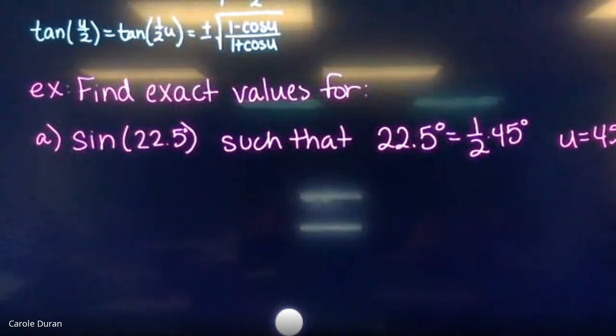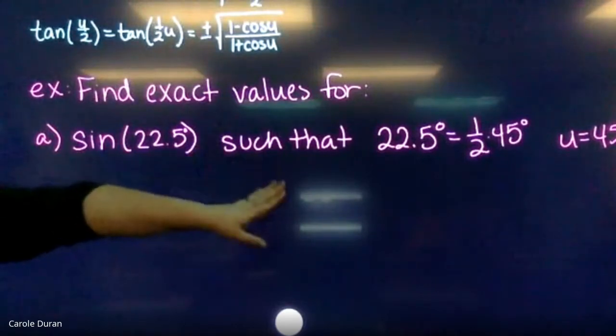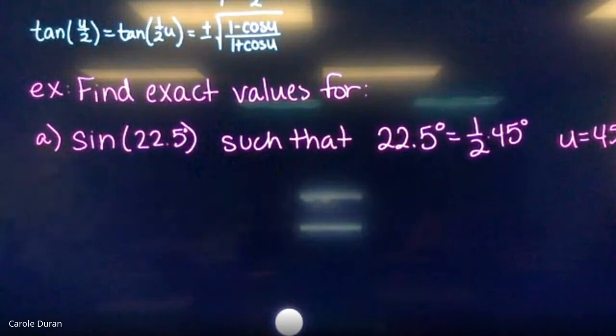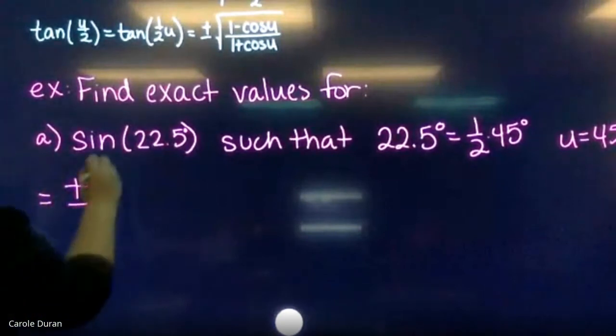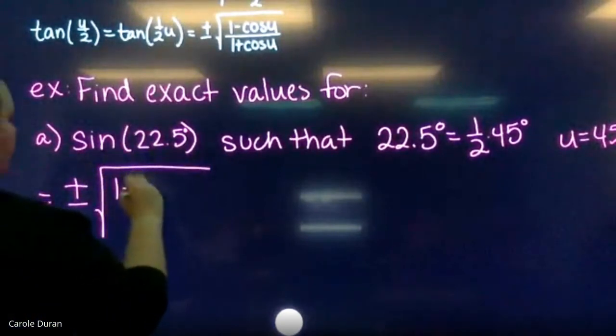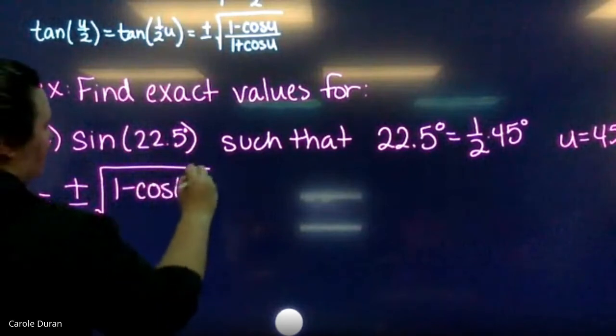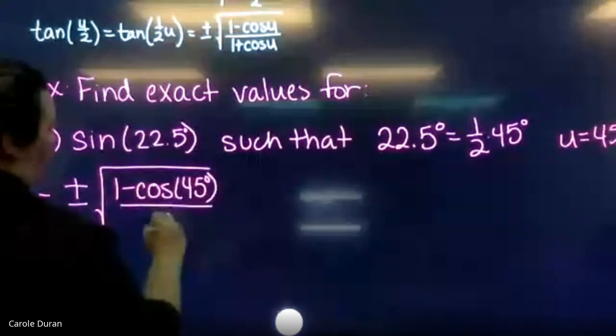So the first thing I recognize after identifying my U angle is the trig function I'm using. Here that is sine. So my sine half angle identity says that this is equal to the positive and negative square root of 1 minus cosine of my U angle, which is 45 degrees, over 2.